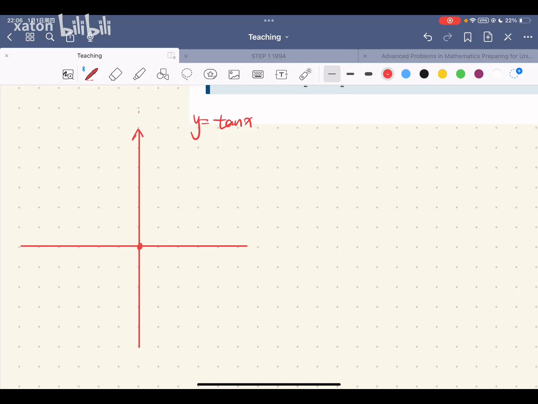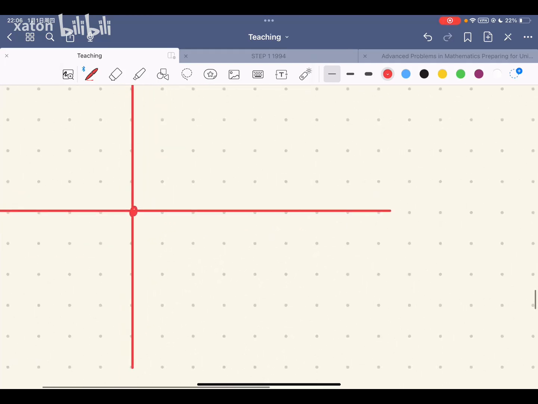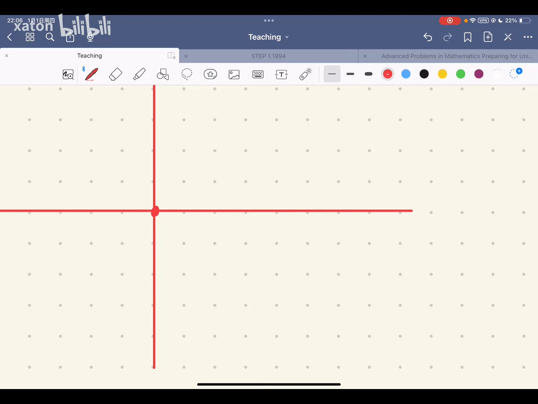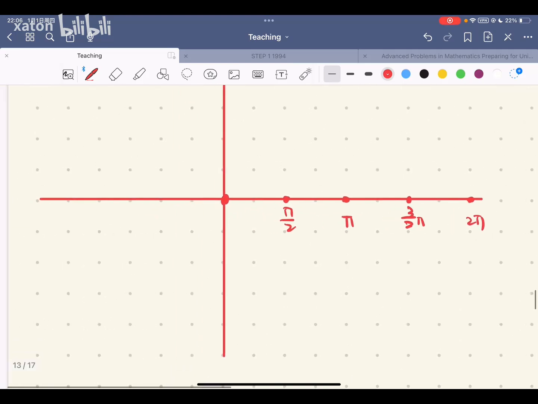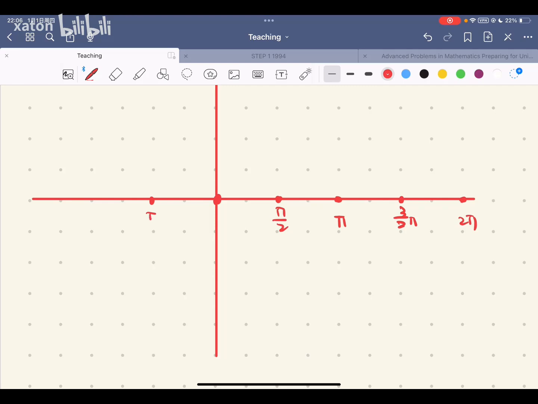This should be something basic, I would say, so I won't give so many explanations. We write pi over 2, pi, 1.5 pi, 2 pi.